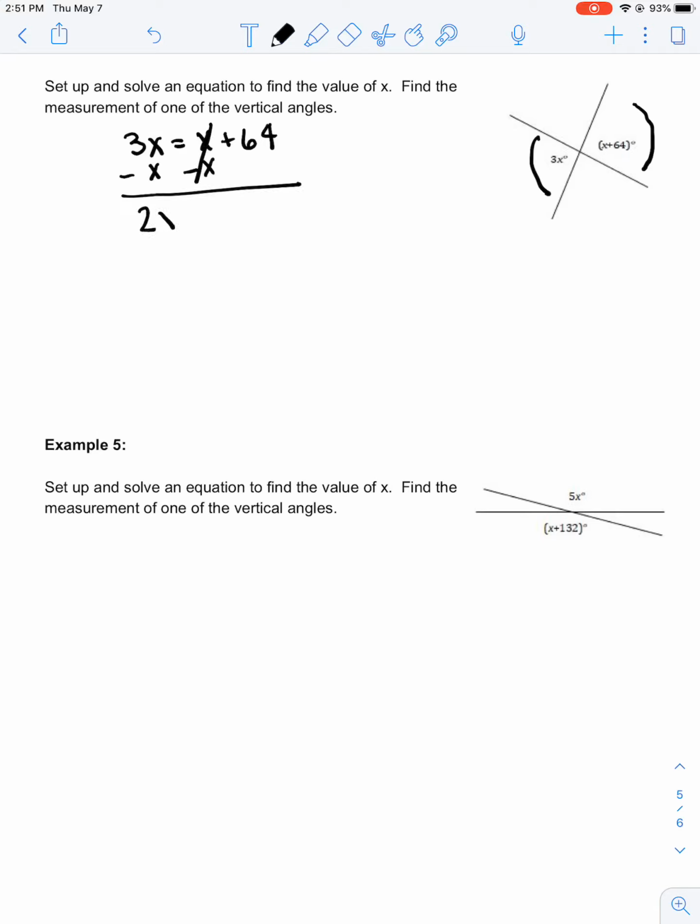So I have 2x equals 64. So if I divide both sides by 2, I have x equals 32 degrees. This time I'm going to multiply. I'm going to do this one right here. I'm going to do 3x. So 3 times 32, which is going to equal 96 degrees.